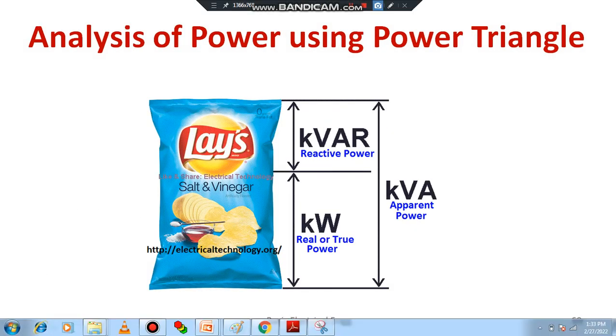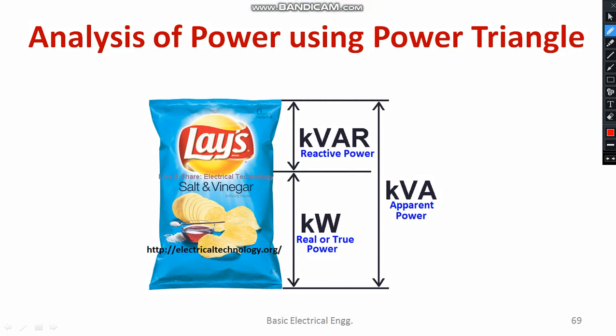In day-to-day life, you will be consuming this kind of food items. Am I right or not? Inside there are a lot of potato chips, and there is also air in that packet. Whatever air is available in the Lay's packet, can it be consumed? Never. You will consume only the edible part. So we can call the air and the other segment analogous to reactive power.